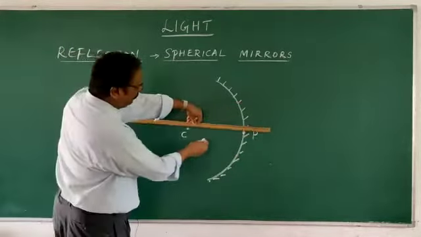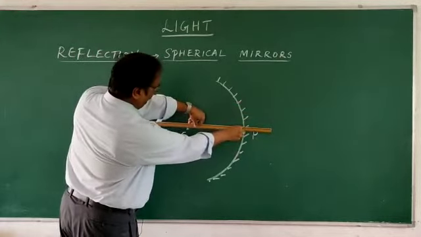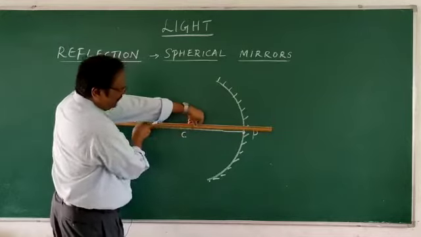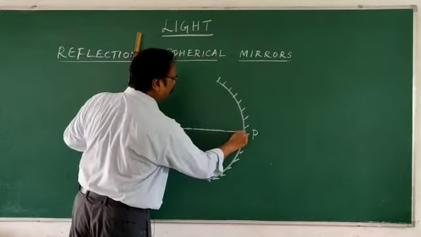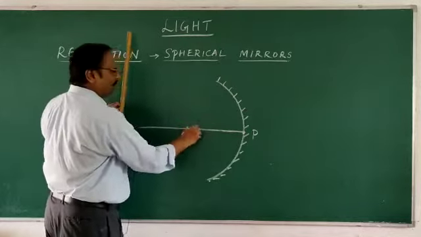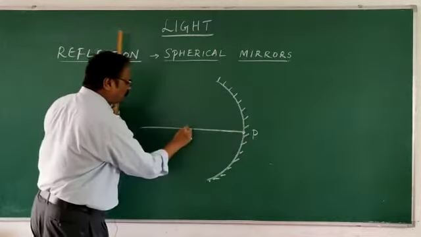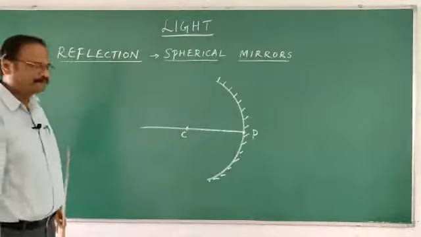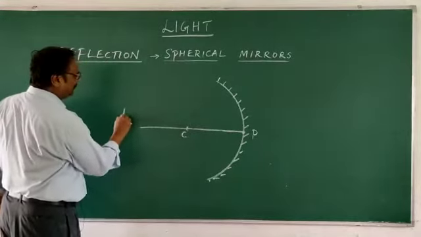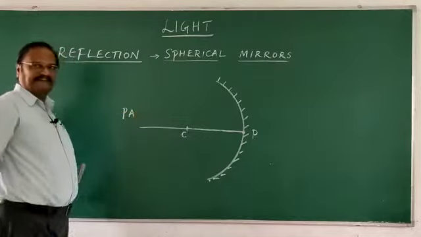Now, I join a line between the pole of the mirror and the center of curvature. I draw a long line, and this line from the pole passes through the center of curvature. This is the main line, and it is called the principal axis.